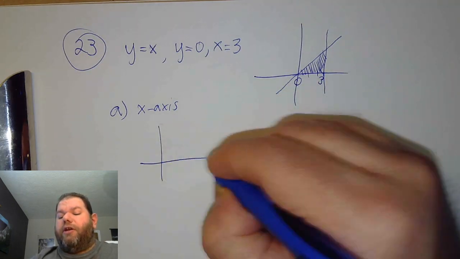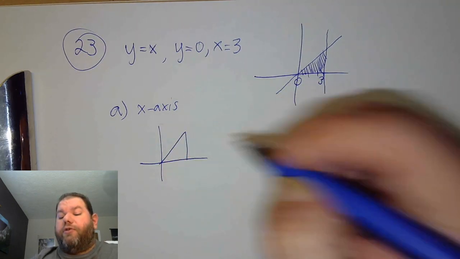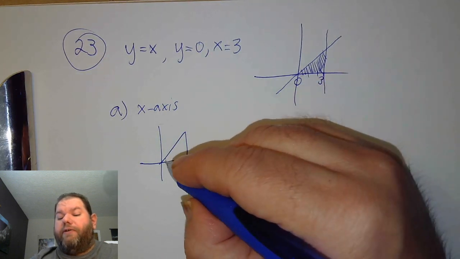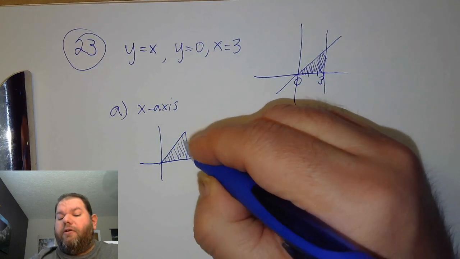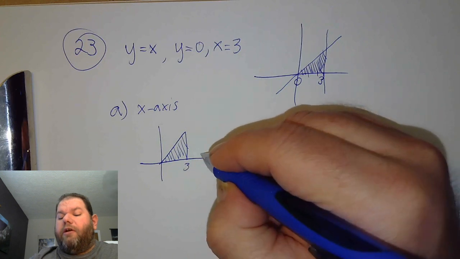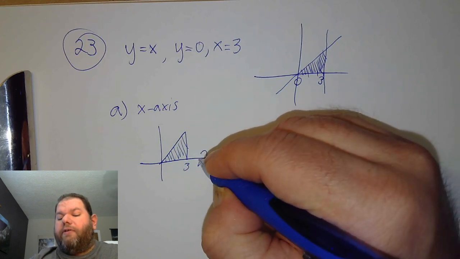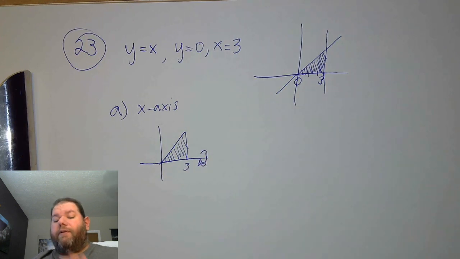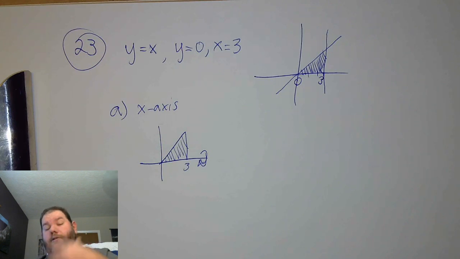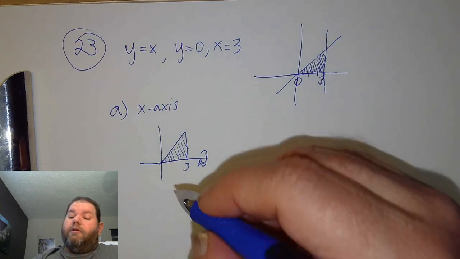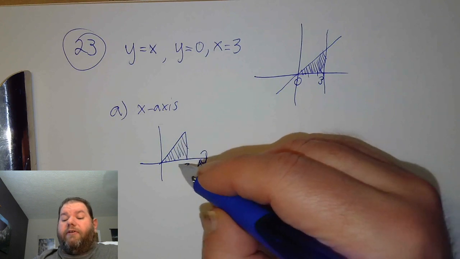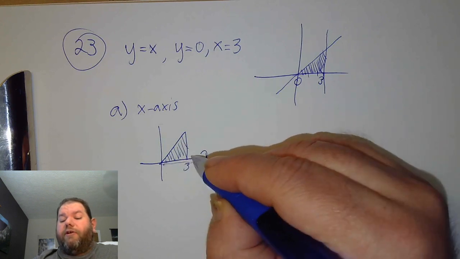So we're going to take our shaded region, and I'm just going to draw the triangle now, not the extra lines. That's at 3. We're going around the x-axis. Now the x-axis is a horizontal axis, and the shaded region we're considering is completely flush against the axis.